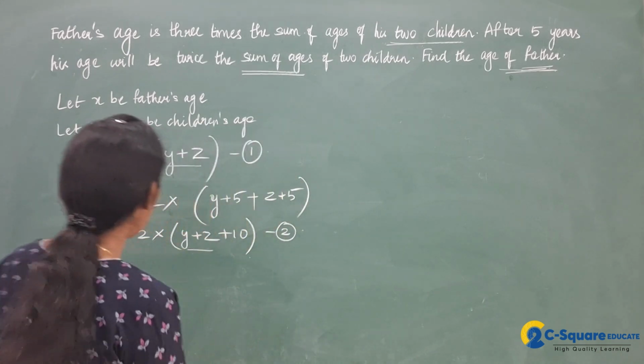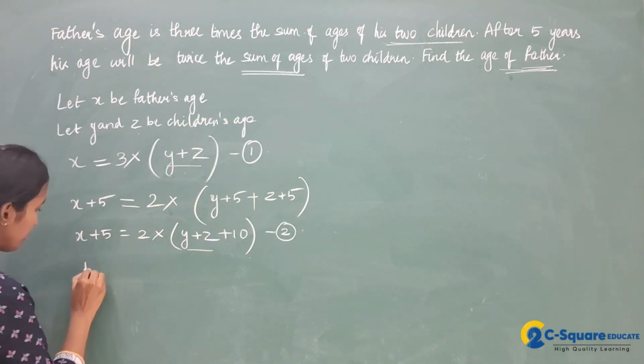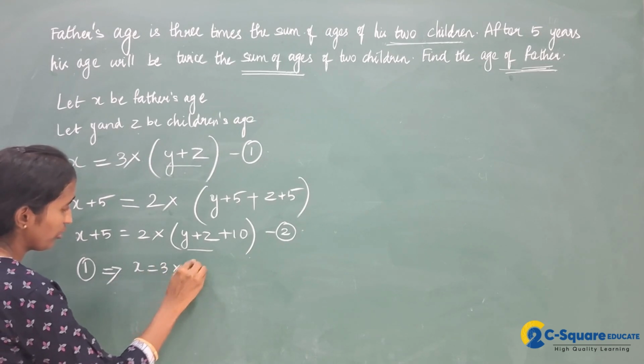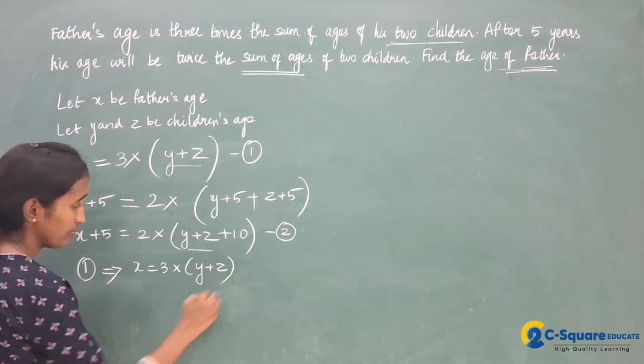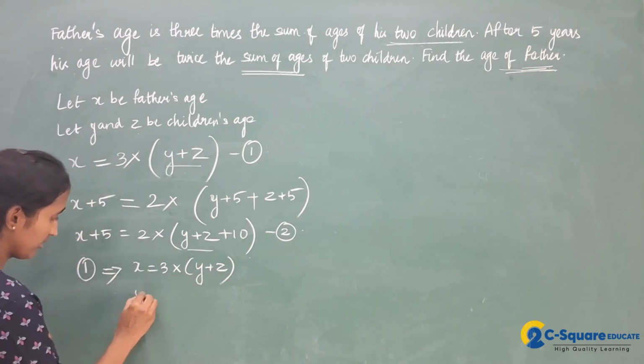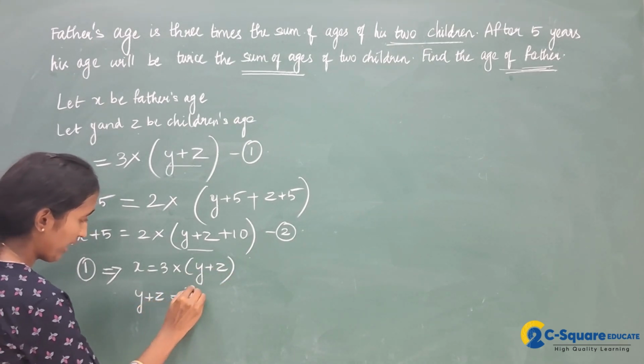We have to take an equation and find one variable in terms of another variable. So I'm going to take the first equation. What is the first equation? X is equal to 3 into Y plus Z. So I'm going to find what Y plus Z is. Y plus Z equals X by 3.